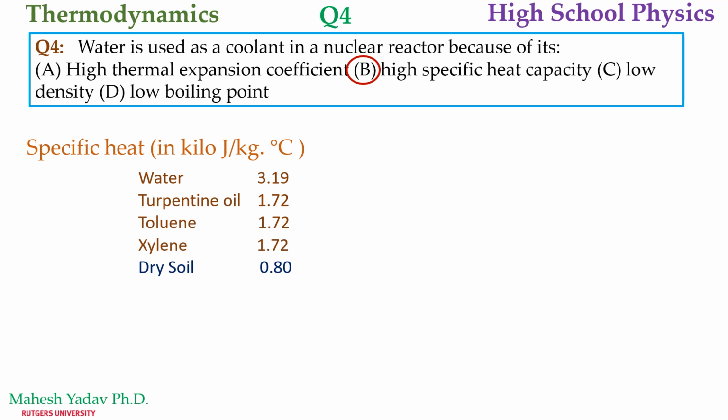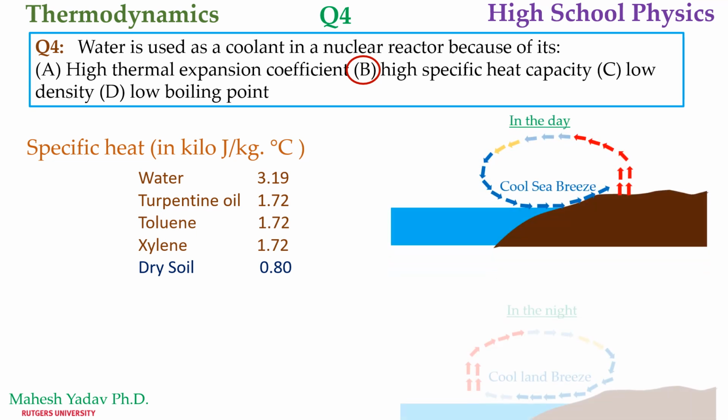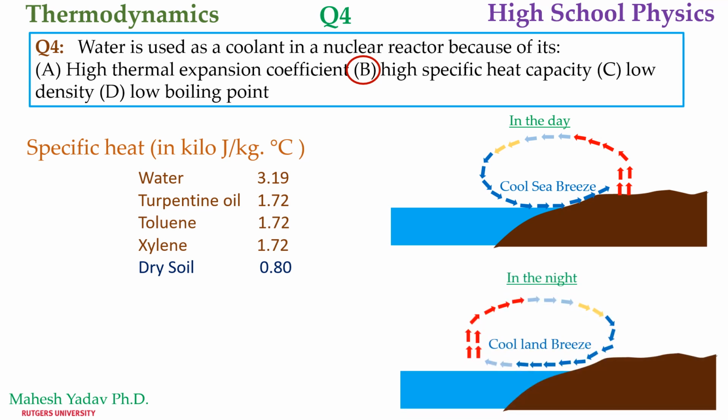Water is unusual in that it has high specific heat. This table shows the comparison of specific heat of liquids. The answer is B. I like to say something more about importance of water having high specific heat. In fact, the reason for having moderate climate for cities near the sea is that water has high specific heat compared to dry soil.